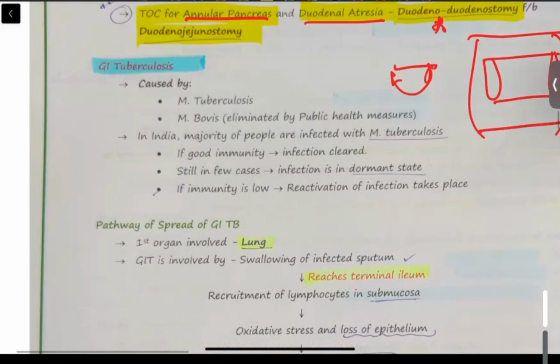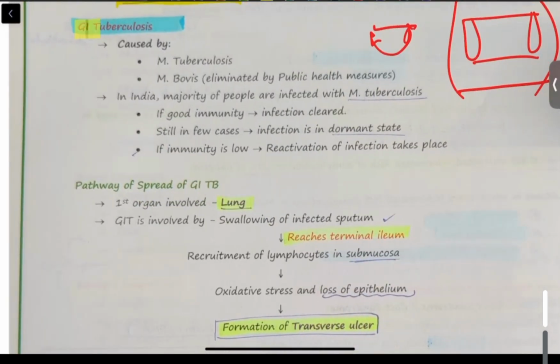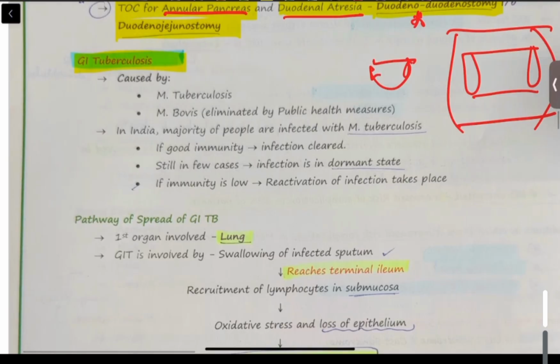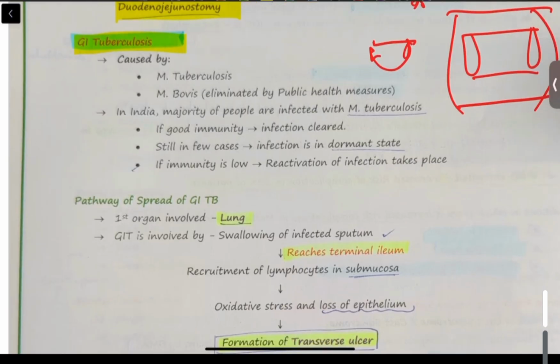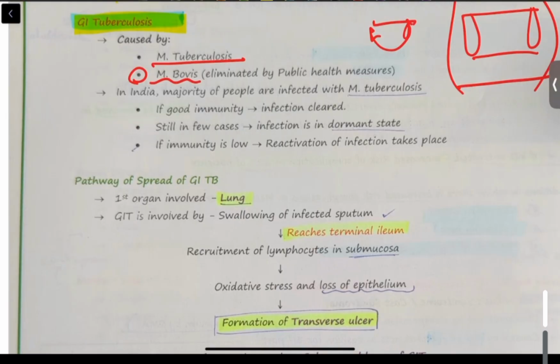Now coming to the next pathology, that is gastrointestinal tuberculosis. Like other tuberculosis, it is caused by Mycobacterium tuberculosis, the other cause being Mycobacterium bovis, but this has been eliminated by the public health measures taken by the government, like BCG vaccination. So Mycobacterium bovis tuberculosis has become very less.